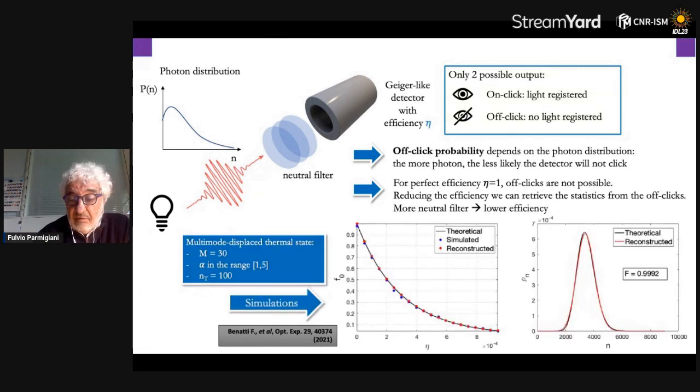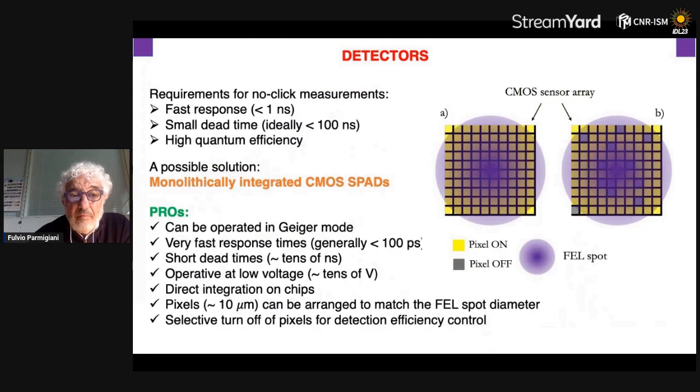What we did essentially was just a simulation, and the statistic that we have simulated using the FEL seems to be very well fitting the theoretical distribution.